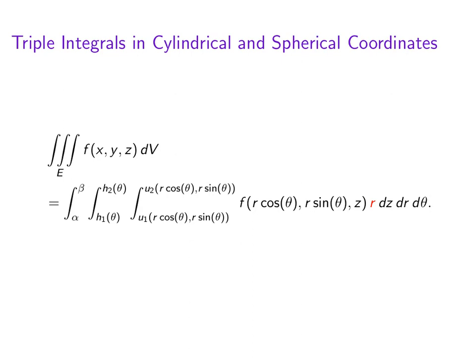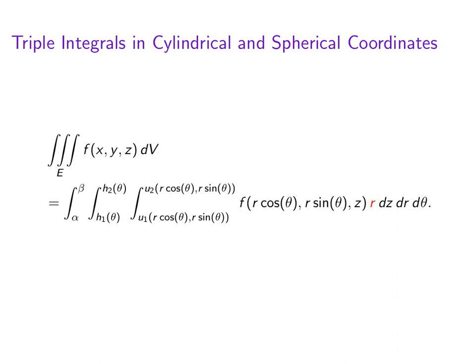So the integral over E of f of x, y, z dV is equal to the integral from alpha to beta of the integral from h1 of theta to h2 of theta of the integral from u1 to u2. And notice that in u1 and u2 we've replaced x and y with r cosine theta and r sine theta, respectively. And then the last thing to notice is that in the integrand, we've changed x to r cosine theta, y to r sine theta, and just as in polar coordinates, we have this r that just has to be put in there.